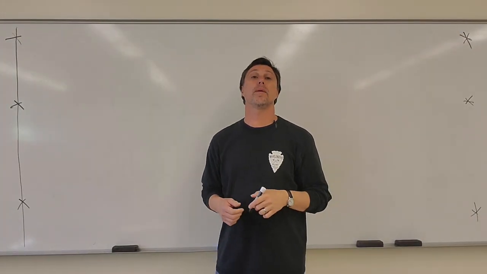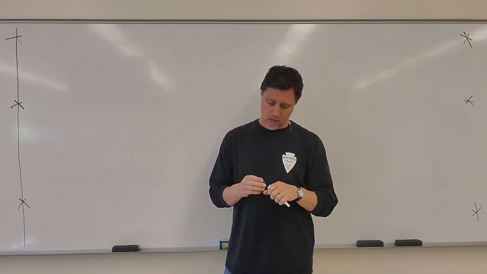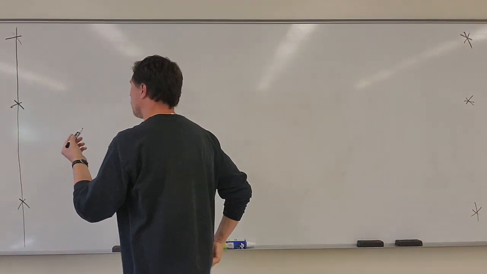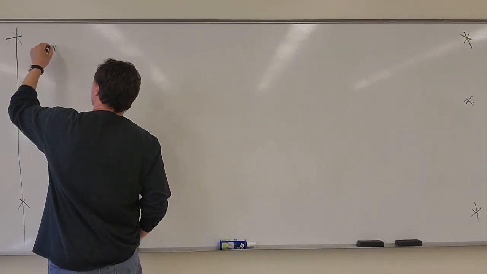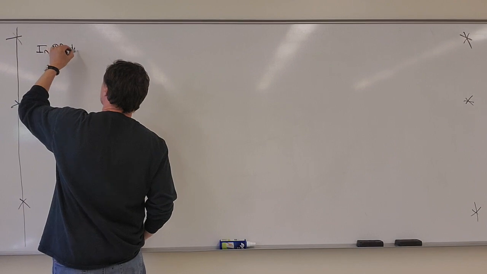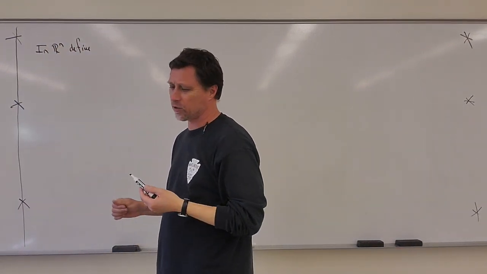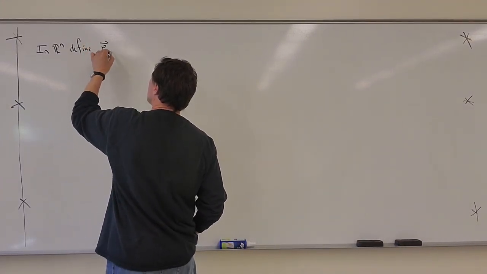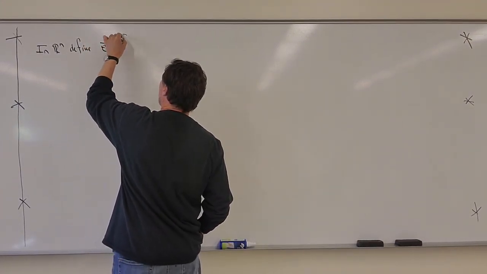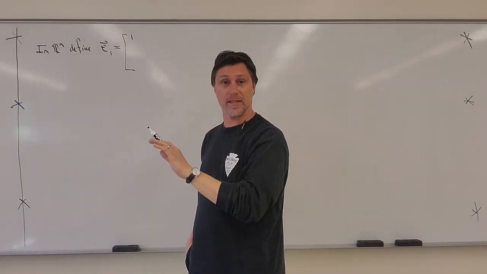There are some important vectors that I want to focus on in Rn. So we'll think like this. In Rn, define, and this is really just notation, shorthand for certain vectors. I want to define bold-faced E1, the column vector that has a 1 in the first position and zeros everywhere else.